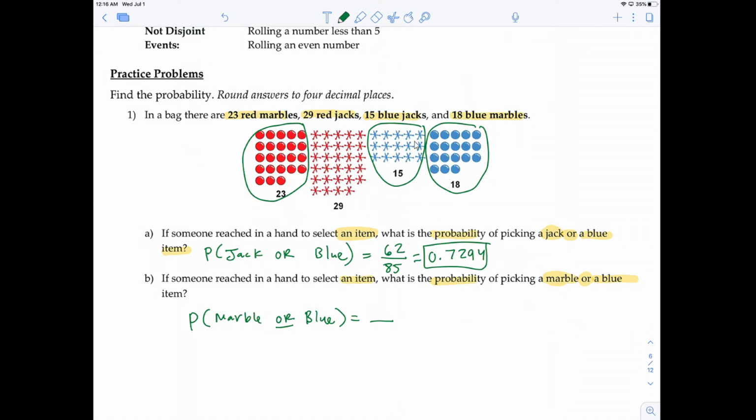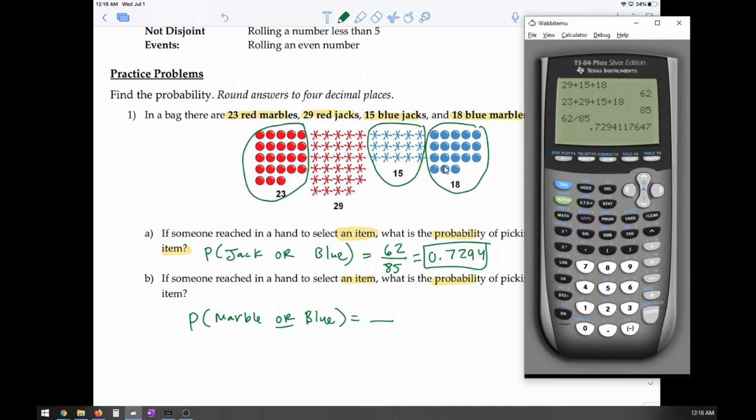So all the marbles would stand up, and then all the blue items would also stand up. But these guys were already standing up when we were counting the marbles, so you're not going to count them again. All of those which are standing up would be the ones that I circle. So 23 plus 15 plus 18, let's add that up. That's going to be 56 out of, again, 85, because that was 85 total.